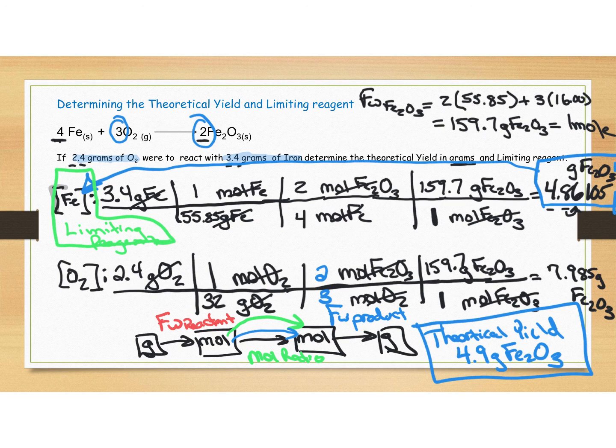So it seems like a lot of work, right? There's a lot of steps involved in solving these problems. But in order to properly determine the theoretical yield and the limiting reagent, you have to look at both reactants to see which one is. You look for the theoretical yields, you pick the smaller of the two theoretical yields, and then you draw your arrow back, and that will tell you what your limiting reagent is.